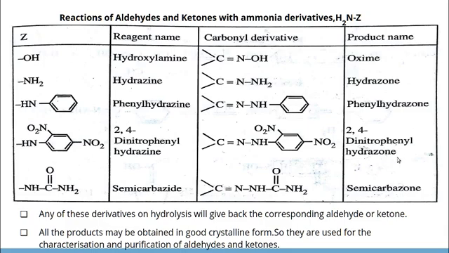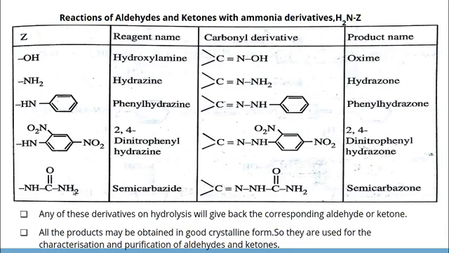So with hydroxylamine we will get oxime, and with hydrazine we will get hydrazone. With phenyl hydrazine we will get phenyl hydrazone, and with 2,4-dinitrophenyl hydrazine we will get 2,4-dinitrophenyl hydrazone.